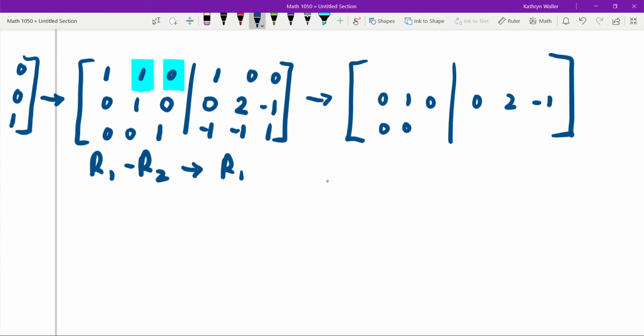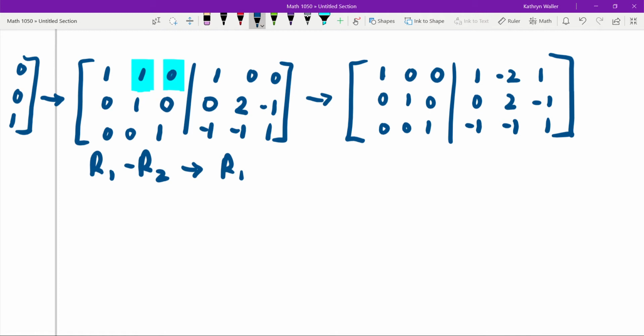Row 3 doesn't change. Row 1 minus row 2. 1 minus 0, 1. 1 minus 1, 0. 0 minus 0, 0. 1 minus 0, 1. 0 minus 2, negative 2. 0 minus a negative 1, that's 0 plus 1, which is a 1.